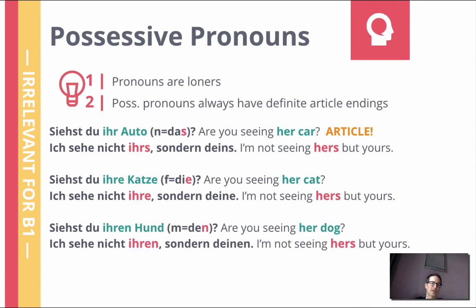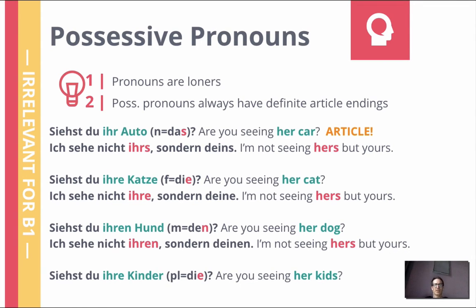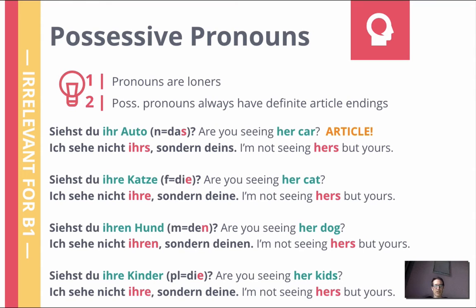So, and we have a plural for this. Siehst du ihre Kinder? You see ihre Kinder. Ihre here is an article, but if we replace it with a pronoun, it has the same ending as the article. You can ignore this. I just wanted to show this to you. This is also the most complex of the four. Luckily, we can really just move on.